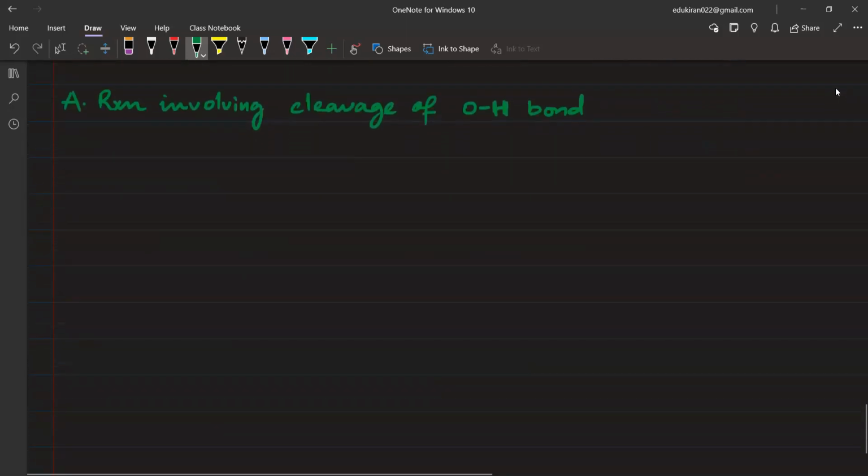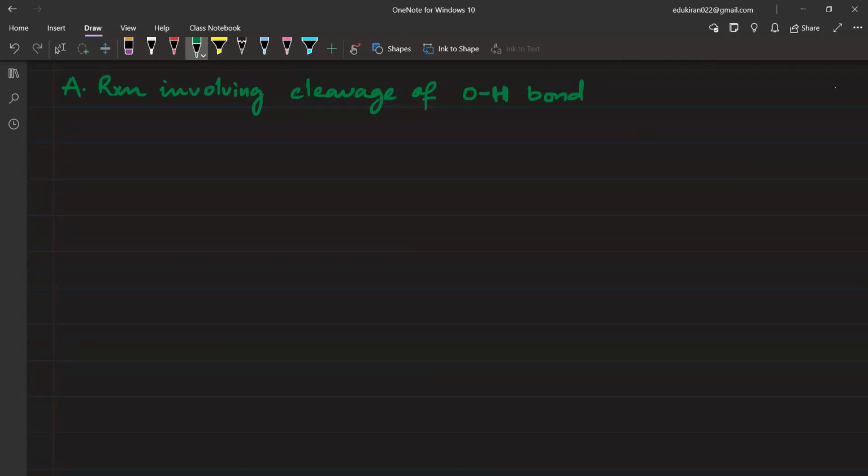And for reactions involving cleavage of OH bond, write the first topic: reactions with active metal.